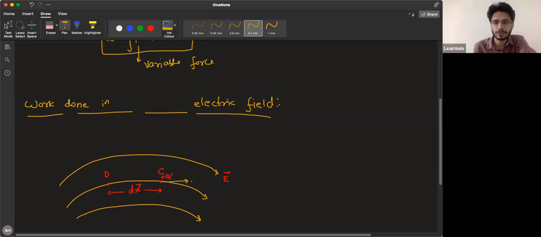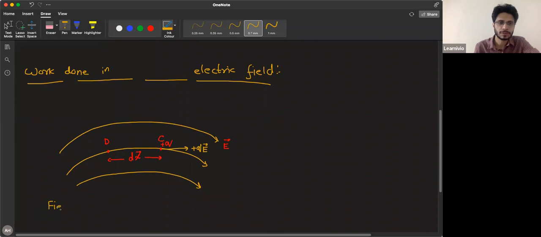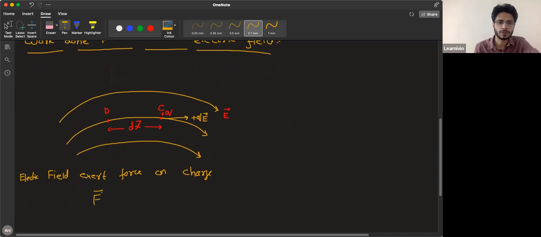The electric field exerts force on the charge, and that force is F, which is equal to Q times E. So due to this field, this charge will try to move in the right-hand side direction. If I try to bring this charge from point C to point D, then we need an external force.